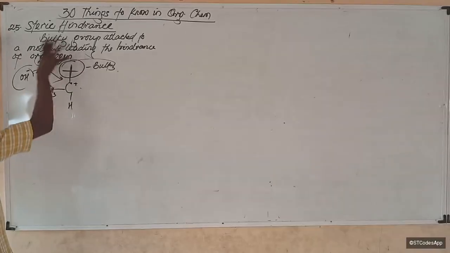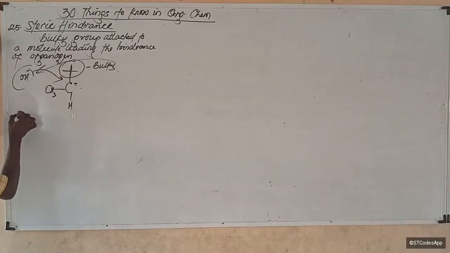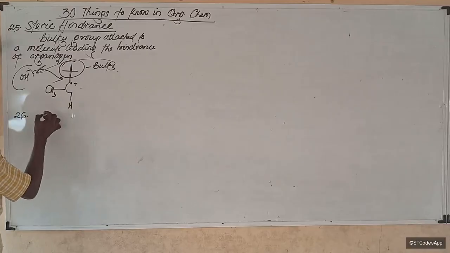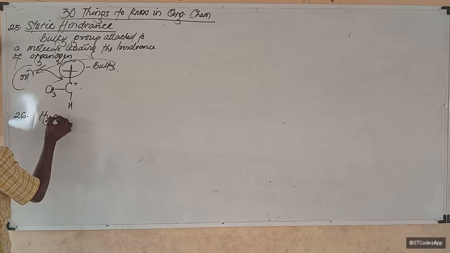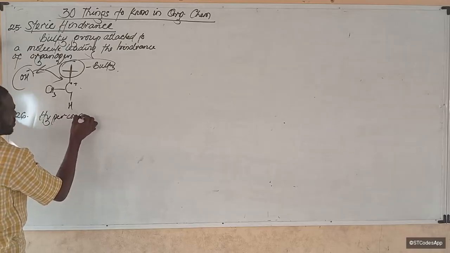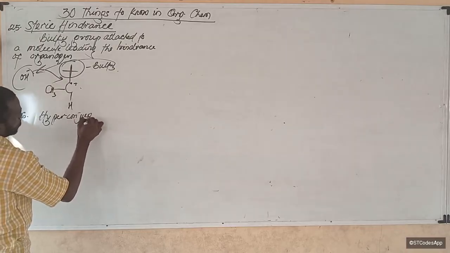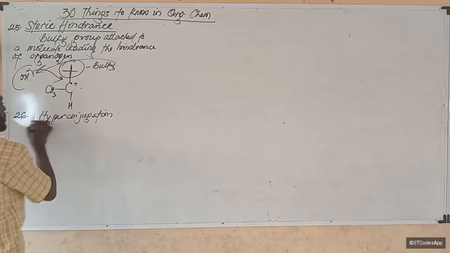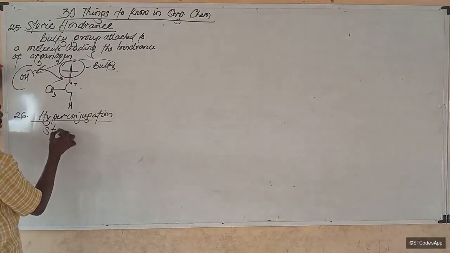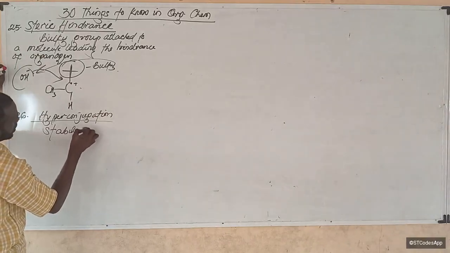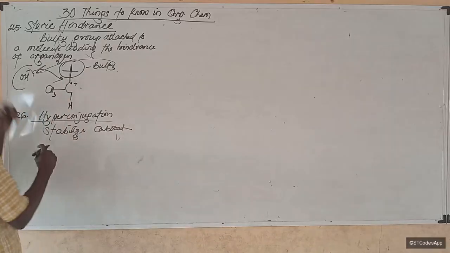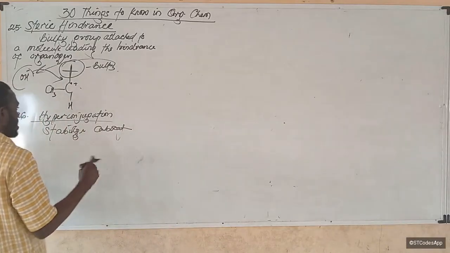But when there's a bulky group attached to an atom too, they are able to, by hyperconjugation effect, help stabilize the carbocation that is formed, because they will donate electron density towards it.